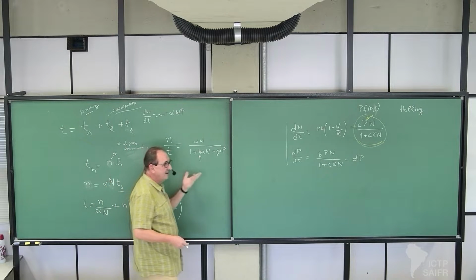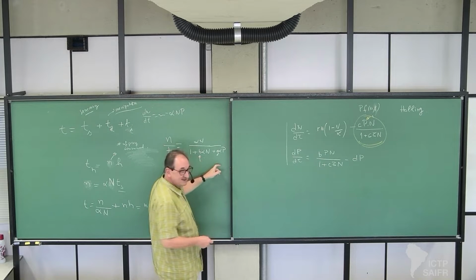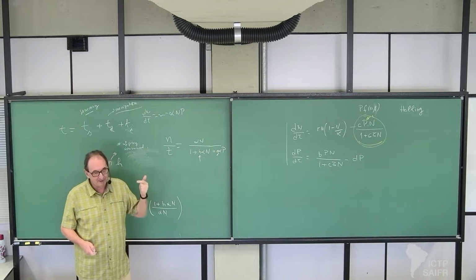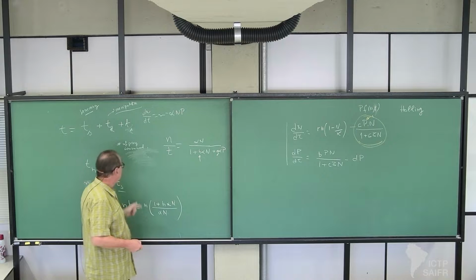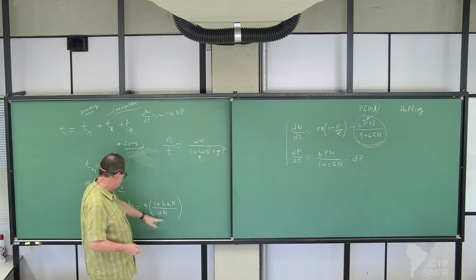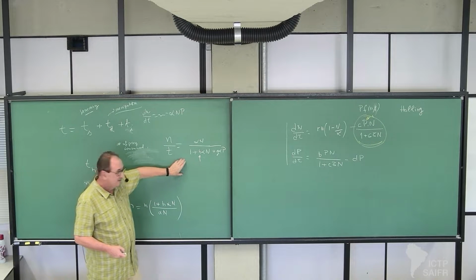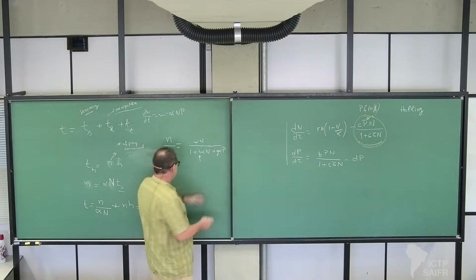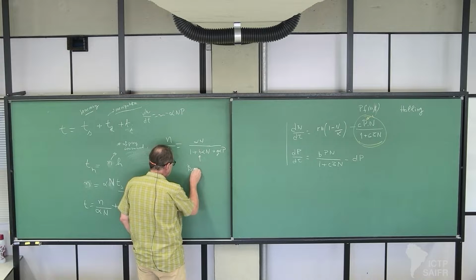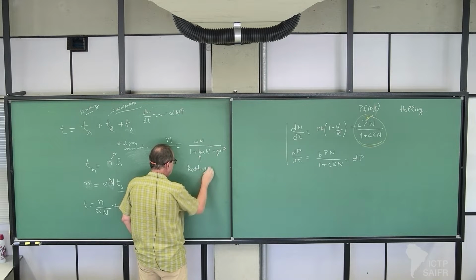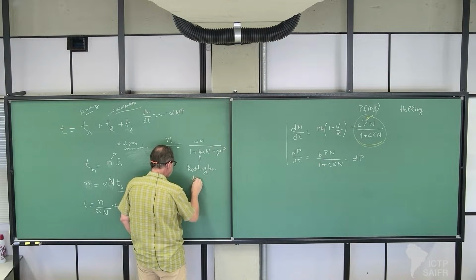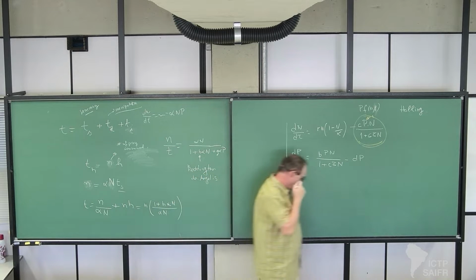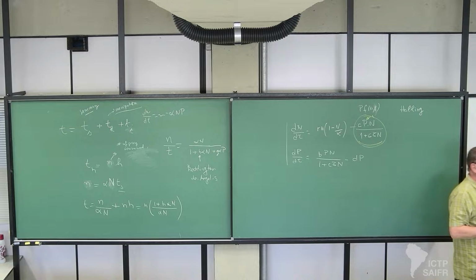It's not the Holling type, because that depends only on the prey, the one I just wrote before. Now this depends on predators and prey. So that's the Beddington-DeAngelis functional response.